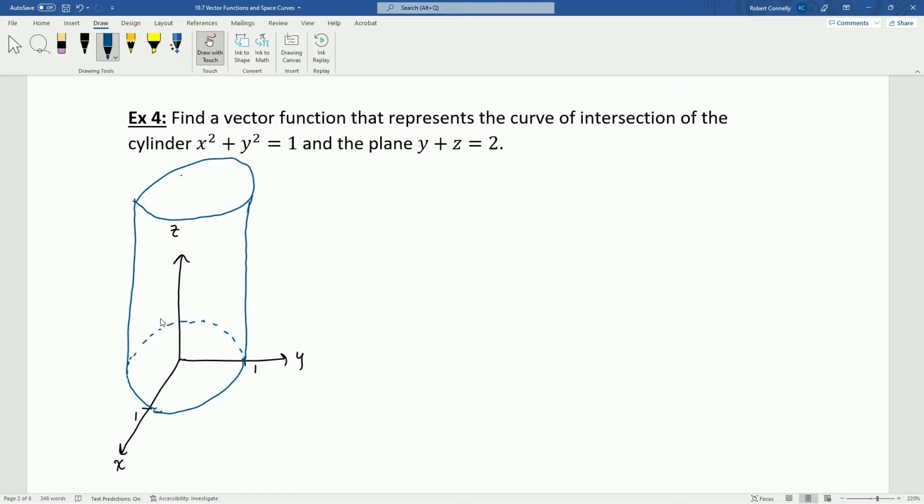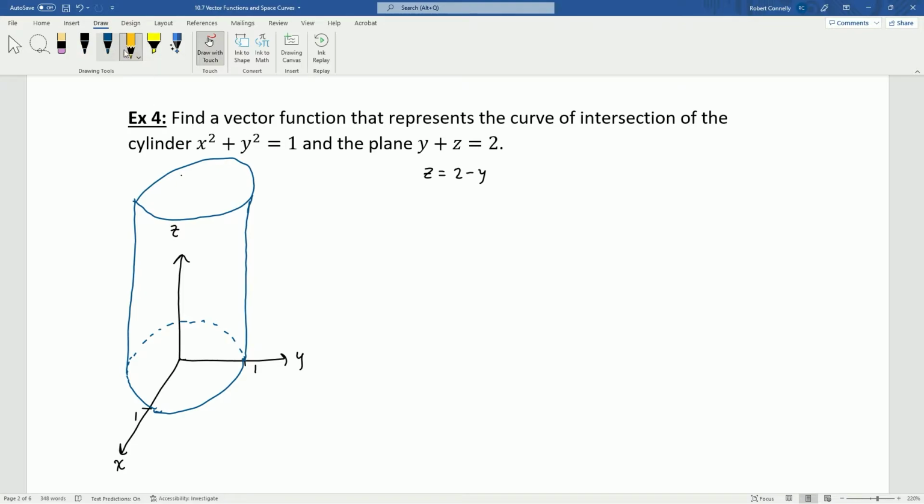So y plus z equals 2. We can rewrite this as z equals 2 minus y. In other words, when y is equal to 0, we get z equals 2 for any x value.